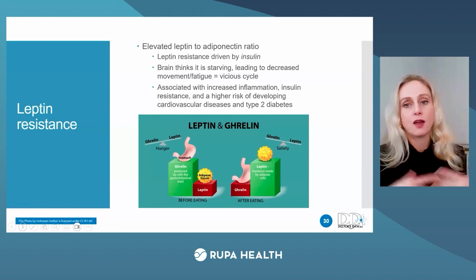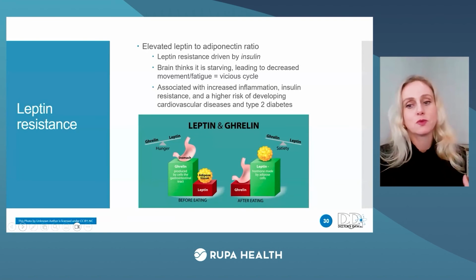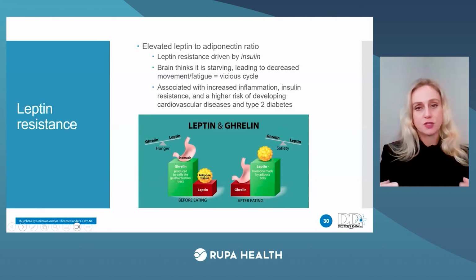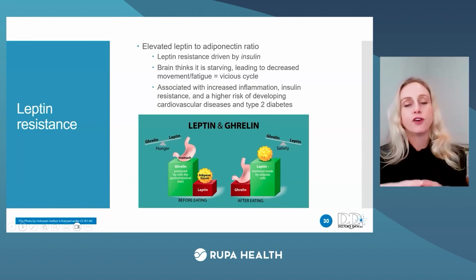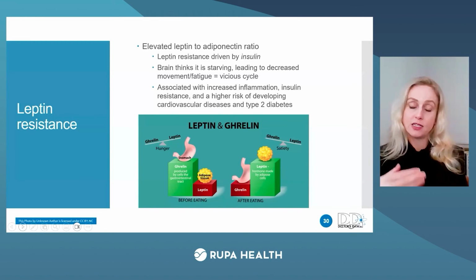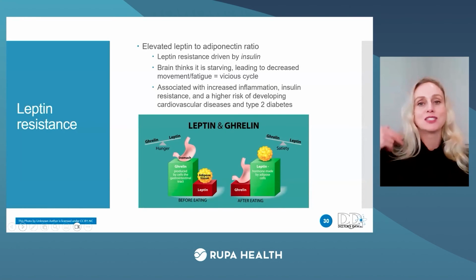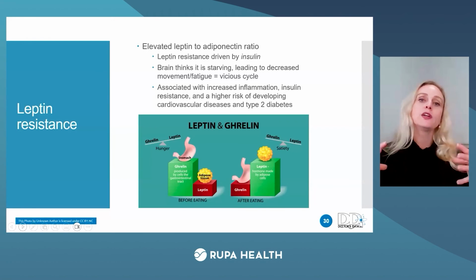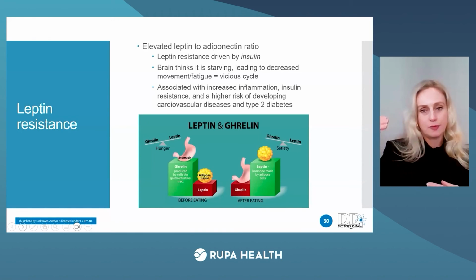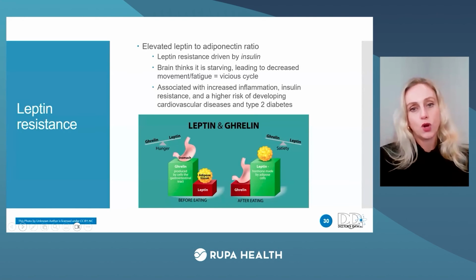And then the other thing is my heart goes out to patients with elevated leptin because what happens is they have excess visceral adiposity. In the perfect world, what would happen is when you're full, the visceral adiposity, the leptin, the adipokines housed in the visceral adiposity would signal to the brain that you're full, stop eating. But in this patient, there's too much leptin, so that signaling does not work properly.